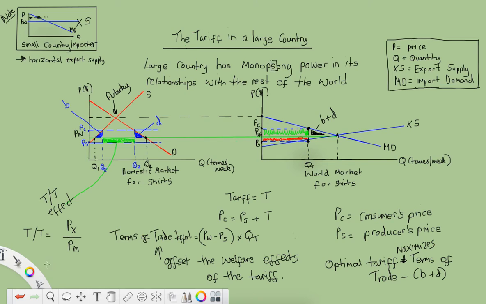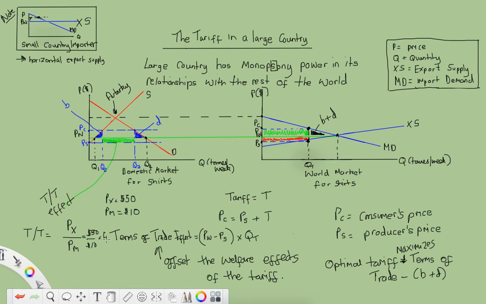So, for example, let's say your export costs $50, you've only got one good, and then your import, you only import one thing, it costs $10. Then the terms of trade would be $50 over $10, which is 5.